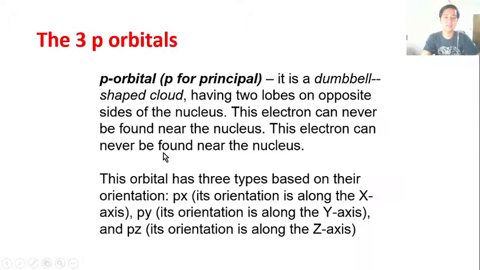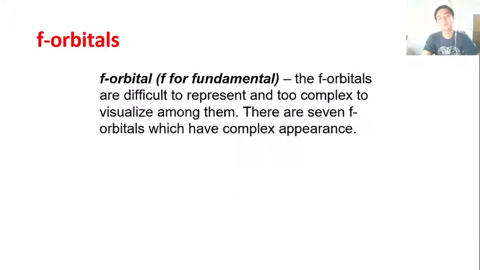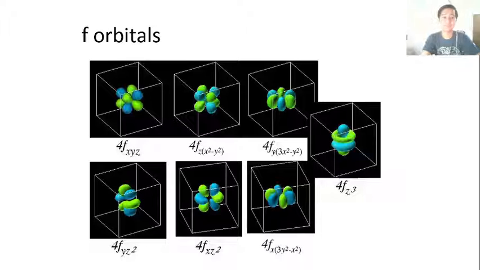So 3. S has 1. This is how the model of the f orbital looks. If you're going to count, it's 1, 2, 3, 4, 5, 6, 7. So there are 7 orbitals under f.